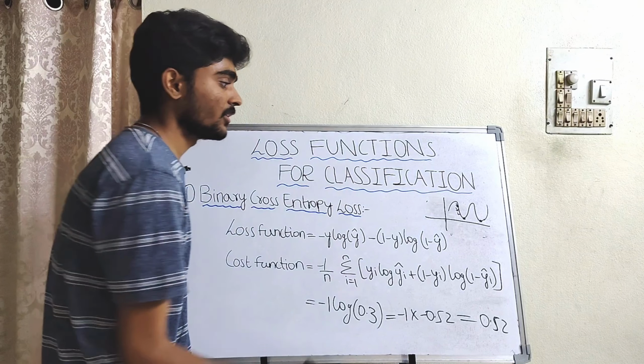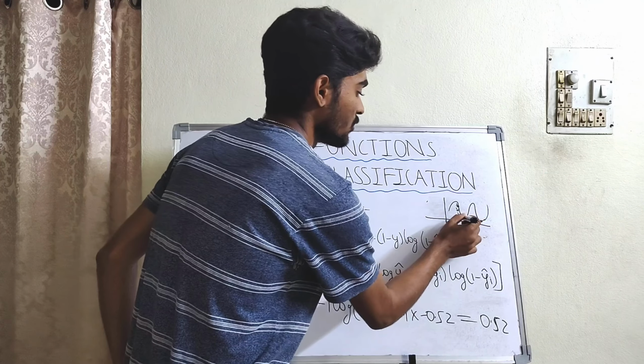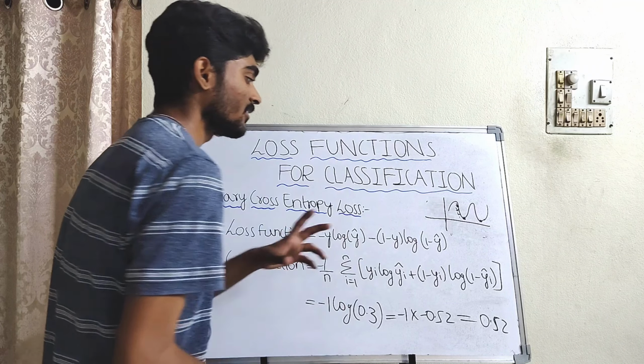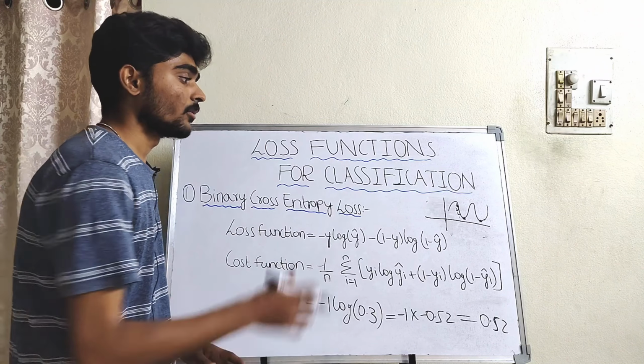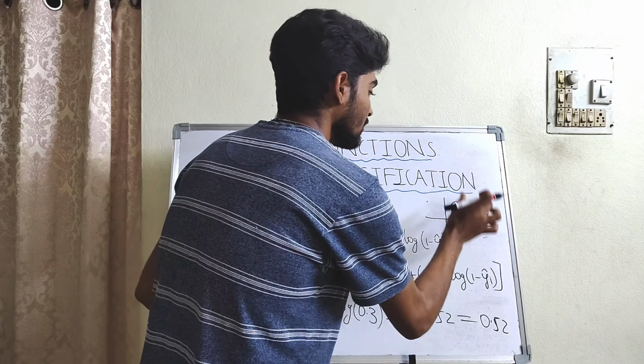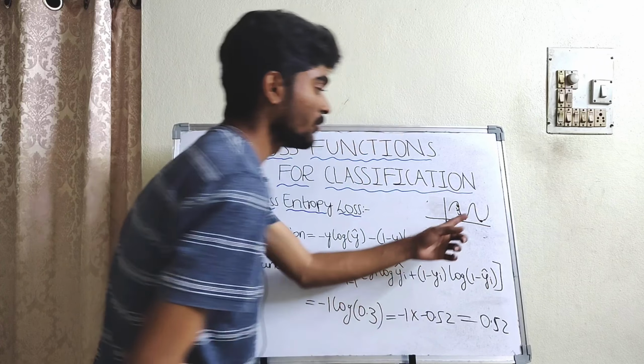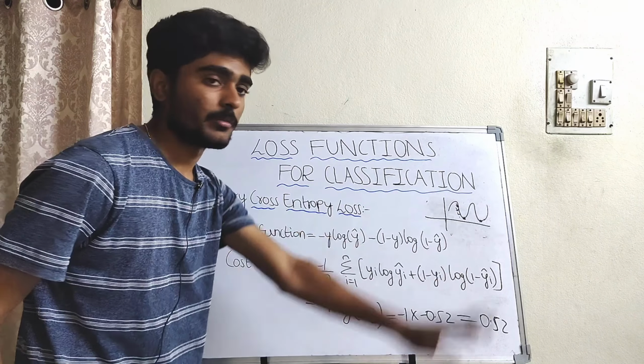Once it has reached over here, it thinks that the work is over. But when you observe the graph of this loss function, you see that there is another local minima in this graph.